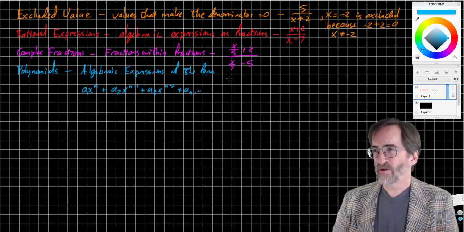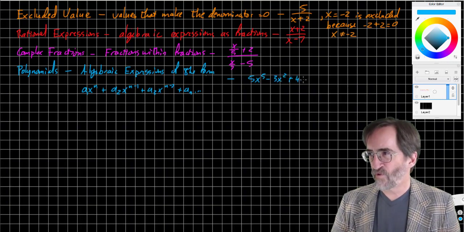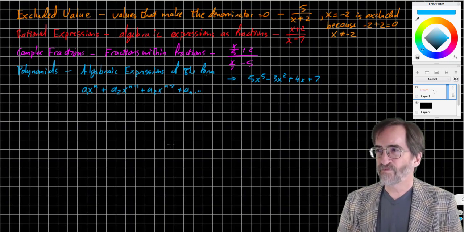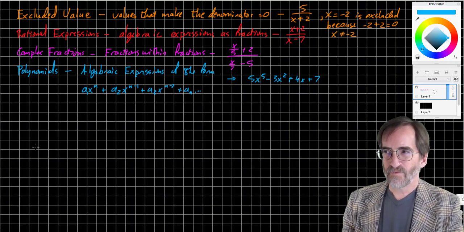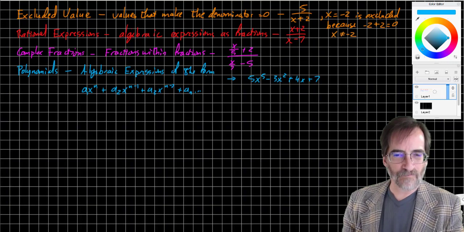Example, 5x to the 5th minus 3x squared plus 4x plus 7. That's a polynomial expression. They have coefficients and variables with exponents. Only whole number exponents are allowed.